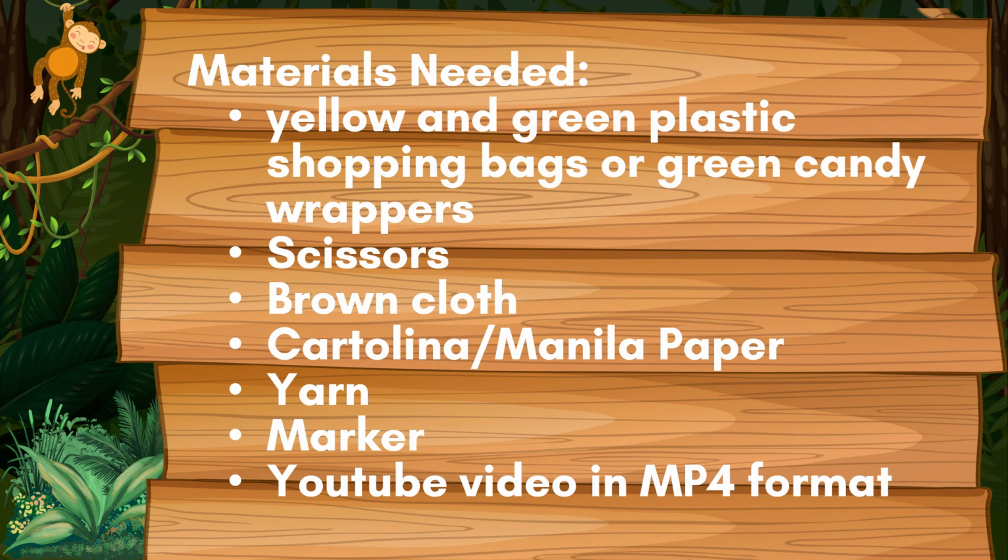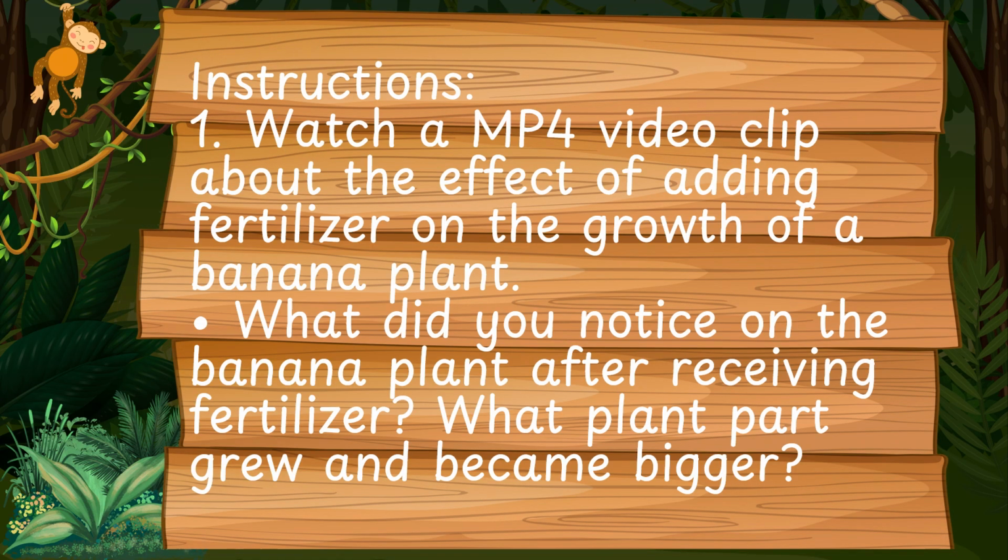Materials needed are yellow and green plastic shopping bags or green candy wrappers, scissors, brown cloth, cartolina, manila paper, yarn, marker, and a video. Instruction 1. Watch an MP4 video clip about the effect of adding fertilizer on the growth of a banana plant.